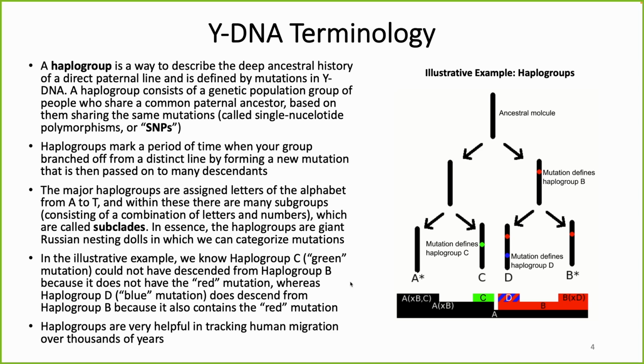Now, there are mutations that can occur in the Y chromosome that are bad and that can affect spermatogenesis. None of the mutations that we're going to talk about today have anything to do with that. It's just a change when the DNA is copied and replicated, a new mutation arises that then gets passed on to the subsequent generations. That's all it is. I know mutation sometimes can have a negative connotation, but there's no judgment about it at all. And that's why I like the color coding. It's just a signal of a branch of the family.